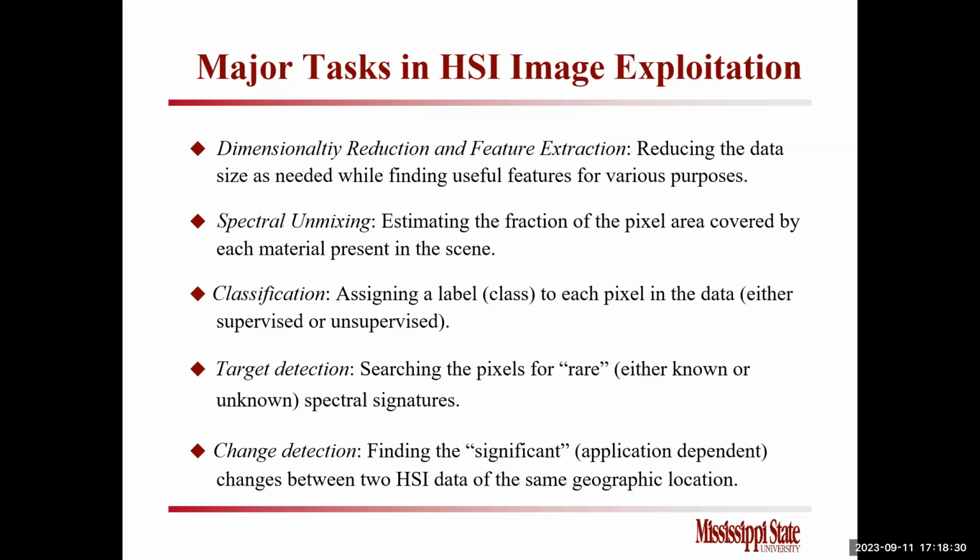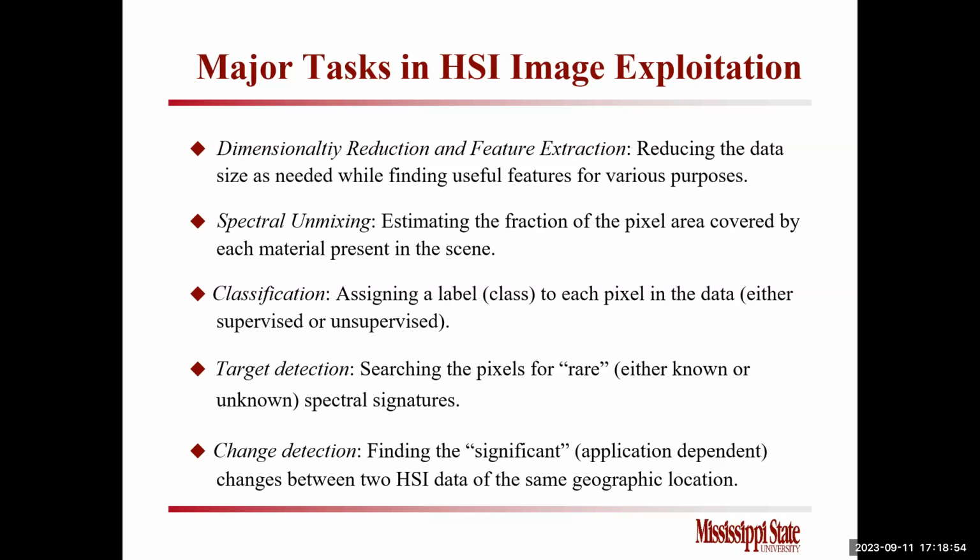Like in agriculture, if we want to detect early crop stress, but we don't really know how the signature becomes, in this situation we can probably apply some anomaly detection approach. So this is also something very interesting.